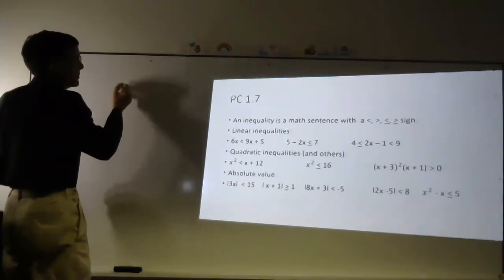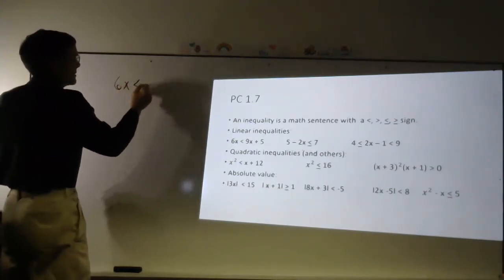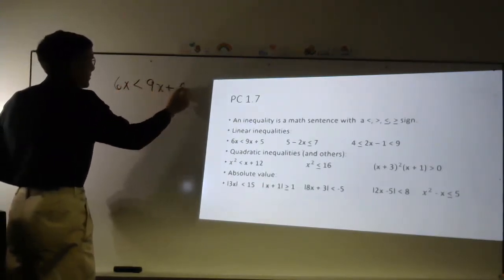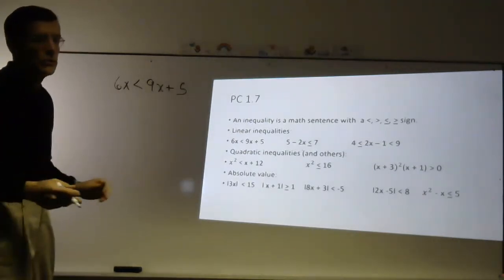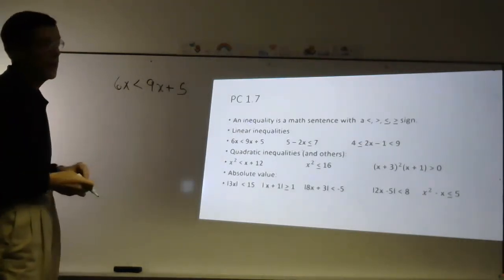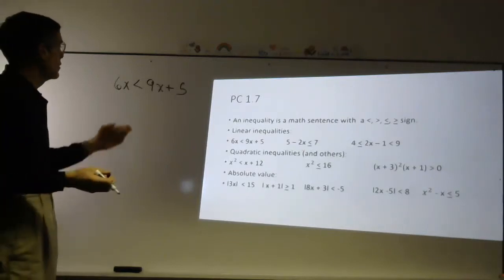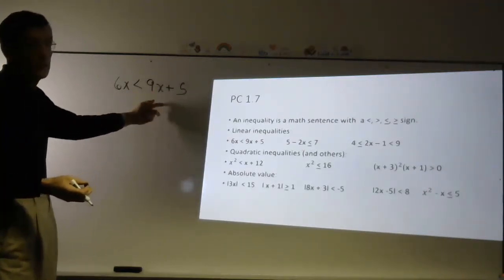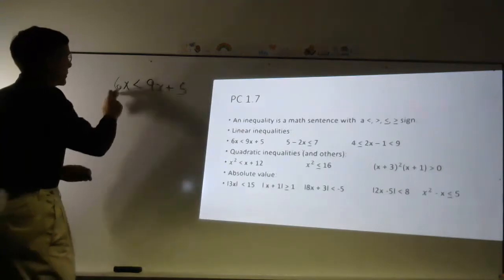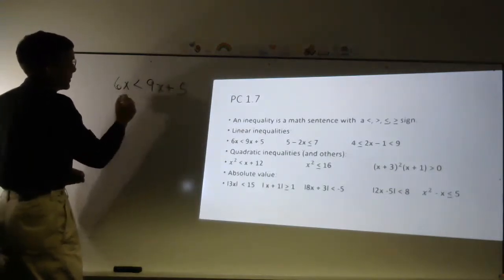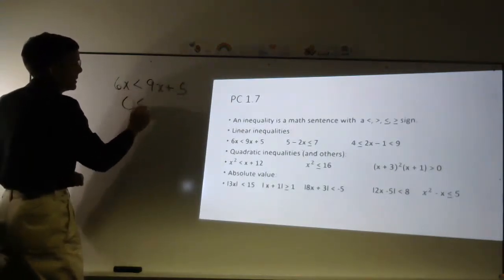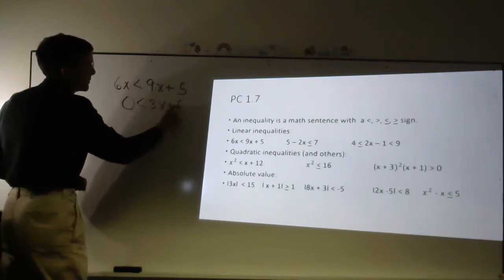So let's do it. We have 6x is less than 9x plus 5. A couple different ways you can do it. You've got x's on both sides. We've talked about this before. You can try to keep the x term positive if you like. If you want to do that, you're going to subtract 6x from both sides. Over on this side, there's a 0 is less than 3x plus 5.